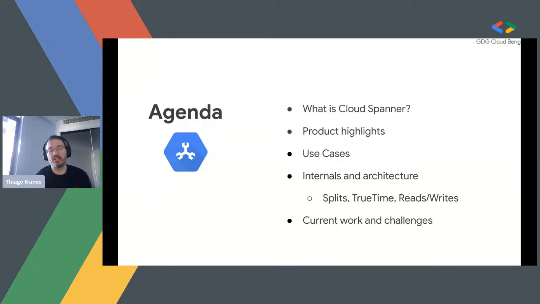Finally, we're going to go to the use cases for our customers, and how Spanner helps them to build their systems. Then we're going to get a little bit more technical and talk about the internals and architecture of Spanner. We're going to cover splits, TrueTime, and how Spanner executes queries, so reads and writes. And we're going to end with talking about the current work and challenges for Spanner.